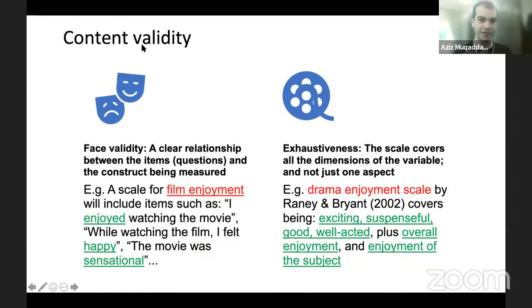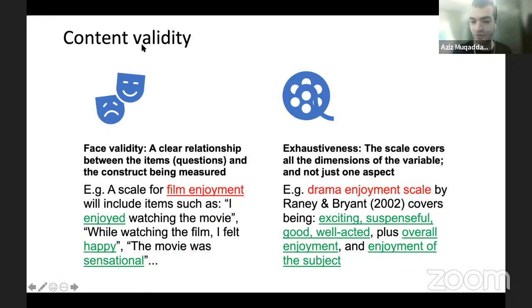Exhaustiveness, on the other hand, we talked about this if you recall when we talked about content analysis. The scale covers all the dimensions of the variable and not just one aspect. Continuing with the example, let's say there is a scale called the drama enjoyment scale, where drama means TV shows in general.